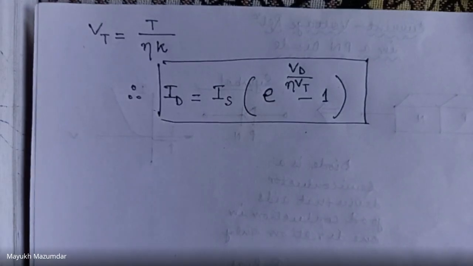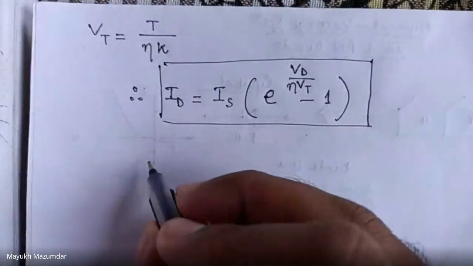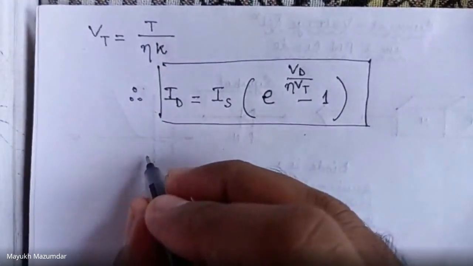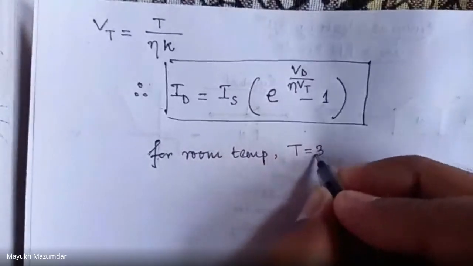Okay. And can anyone tell me what is the value of Vt at room temperature? Any idea? What is the room temperature in Kelvin? 300. So room temperature is 300 Kelvin.